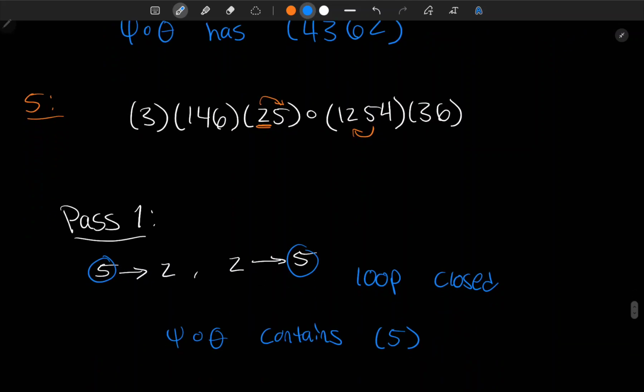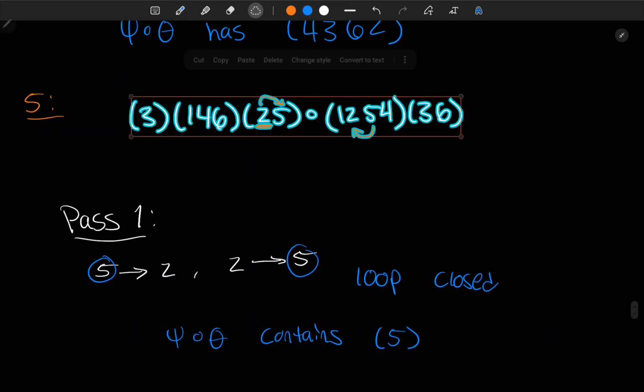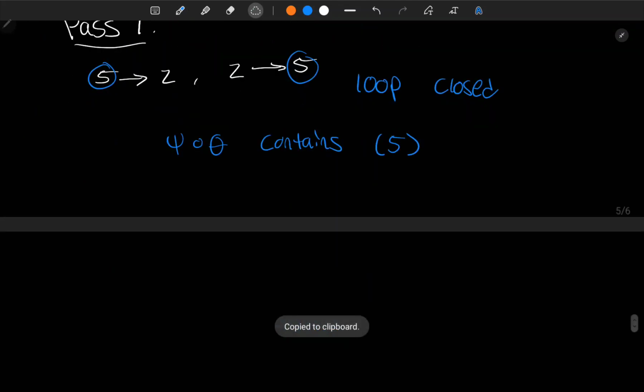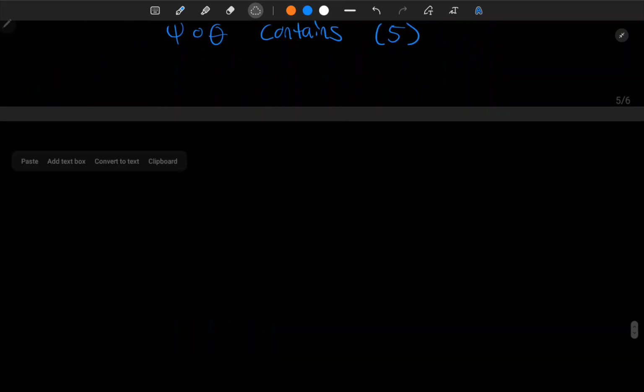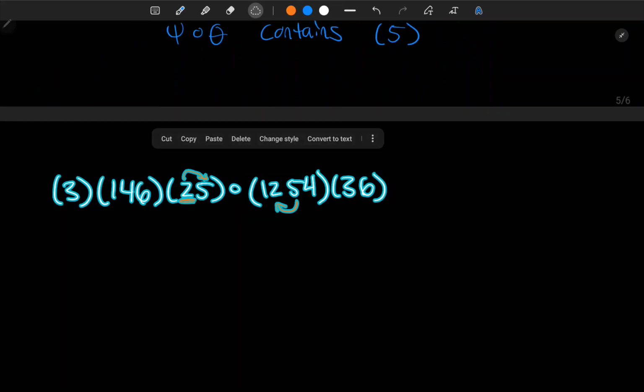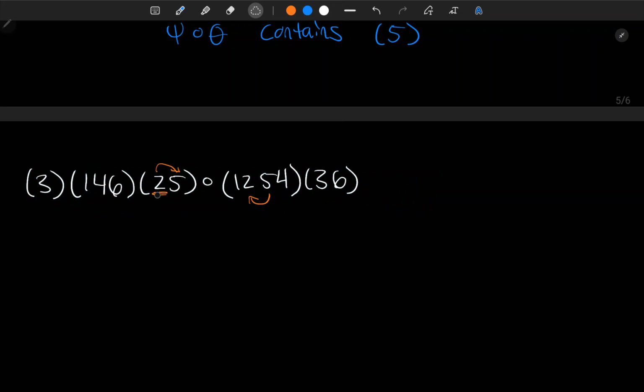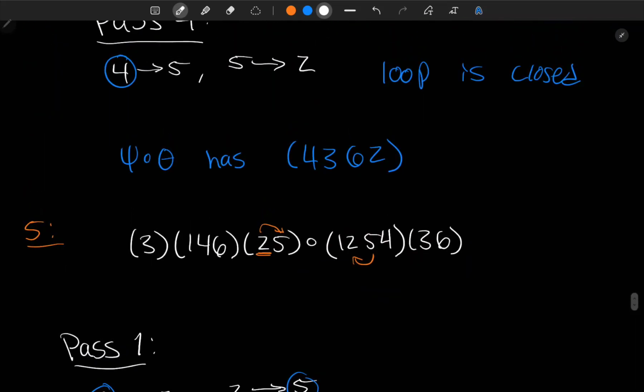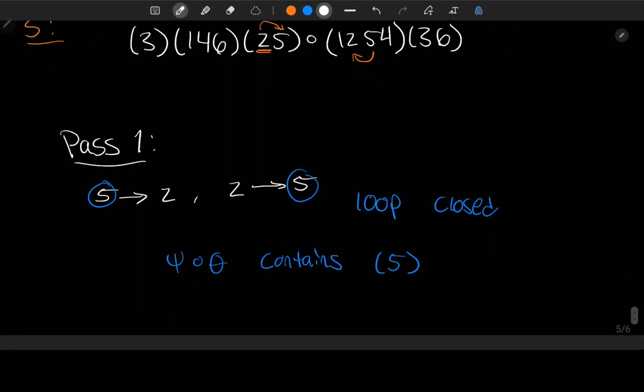So what we found is that this composition is equal to, well, it leaves 1 alone and it leaves 5 alone. So it's equal to 1, 5, and then this long cycle, which is 4, 3, 6, 2.